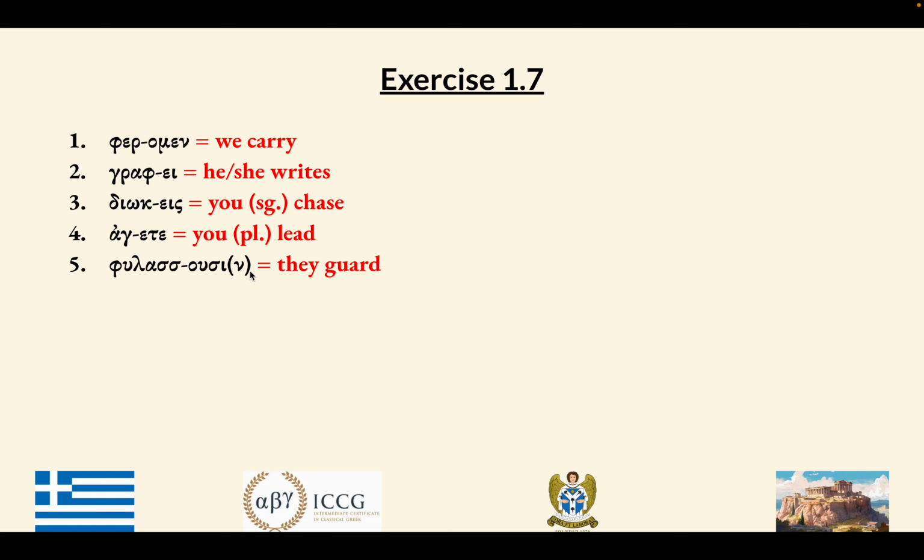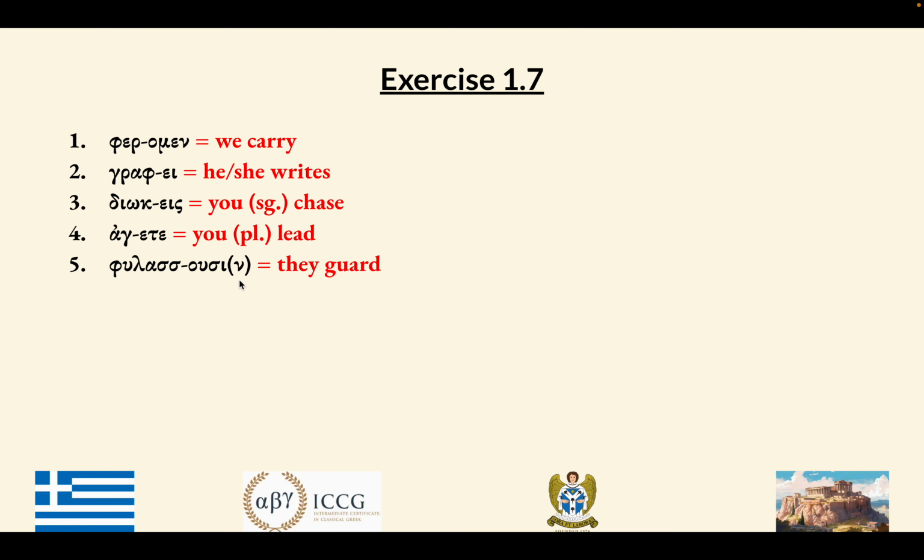This is often called movable nu. Sometimes it's there, sometimes it isn't. Basically, if this word, the verb, comes before another word that begins with a vowel, then you have the N, right?